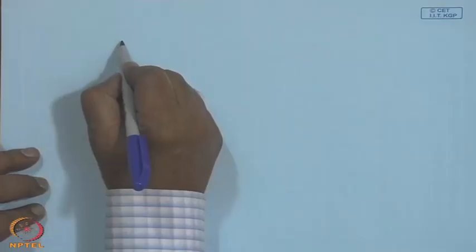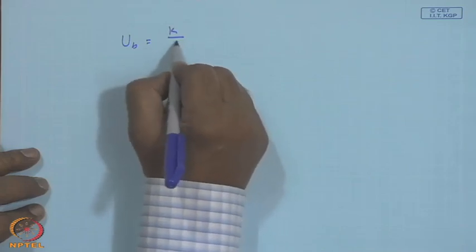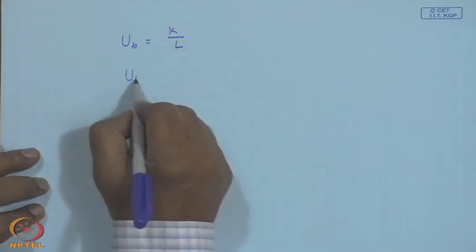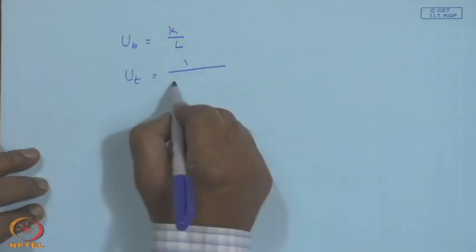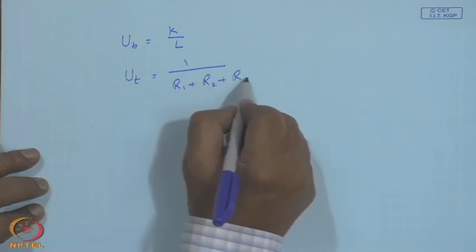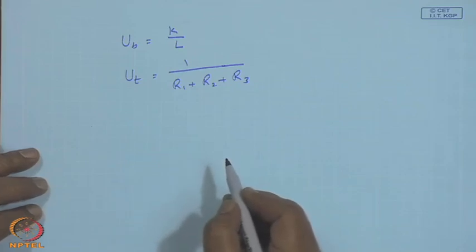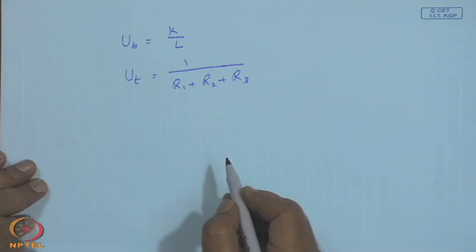and we found out UB is equal to K upon L and UT is 1 upon R1 plus R2 plus R3, where the resistances R1, R2, R3 are the convection plus radiation resistances between the plate and the cover 1, and between cover 1 and cover 2, and cover 2 to ambient.